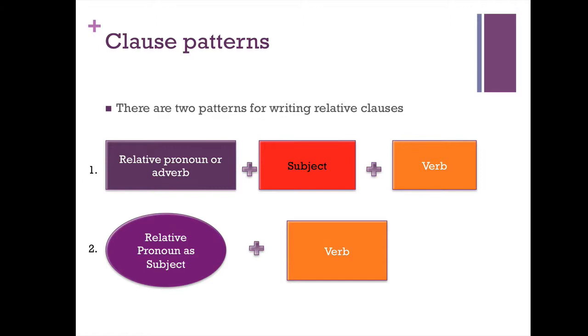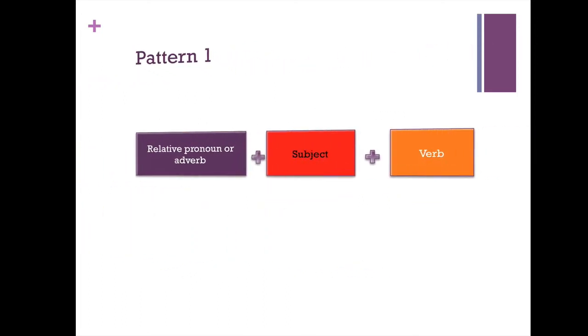In the second pattern, we start with a relative pronoun which acts as the subject of the clause and then goes to the verb. So really the only difference is that the relative pronoun or adverb that starts pattern 1 is not the subject, and in pattern 2 it is the subject. So let's see what all of this looks like in real life.